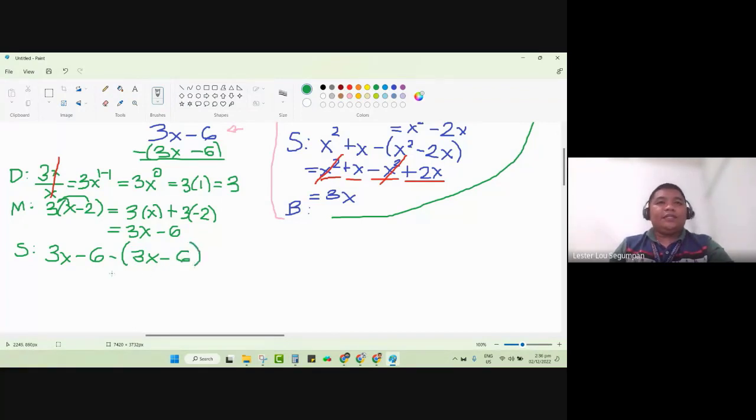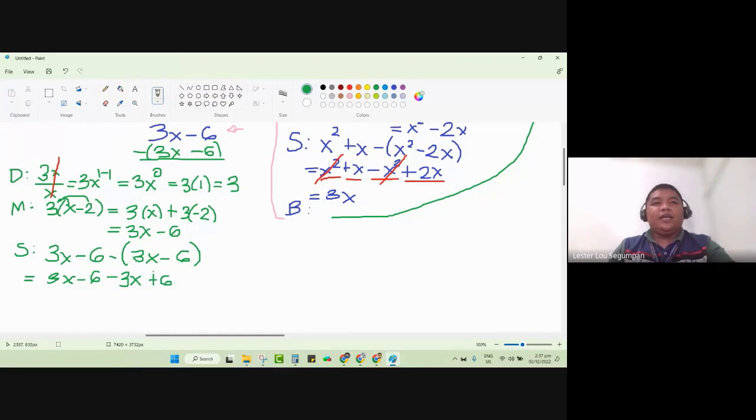So we have this expression with a grouping symbol. If you're going to remove that grouping symbol, please don't forget that the signs will be changed for the items in the grouping symbol. So you have 3x minus 6. The positive 3x becomes minus 3x, and the negative here will become plus.